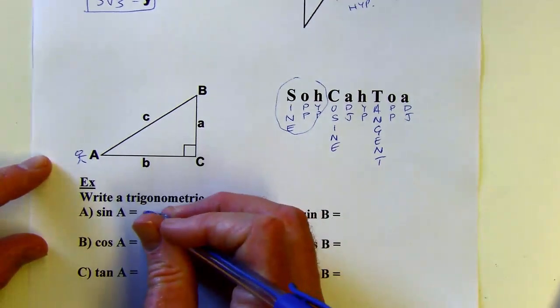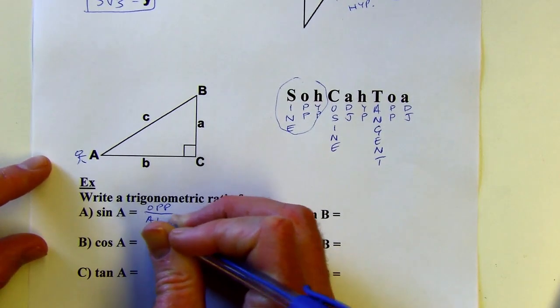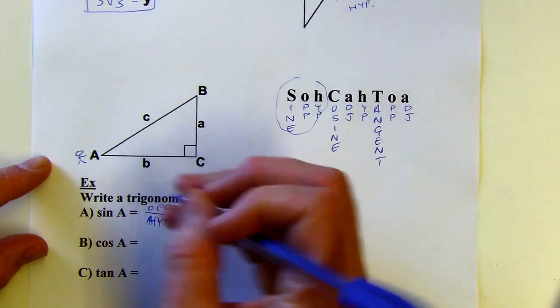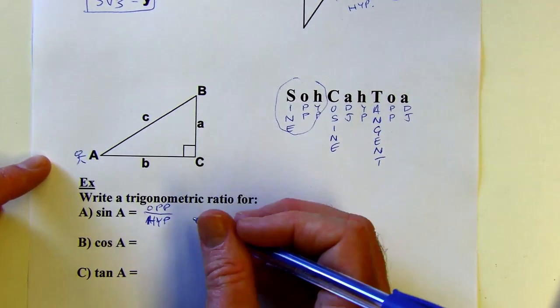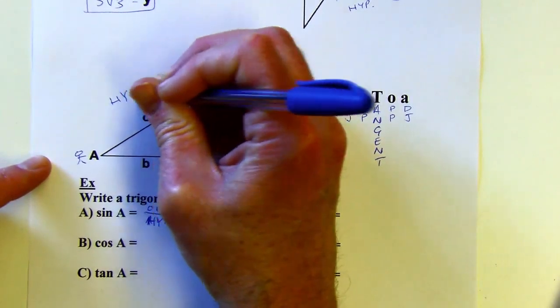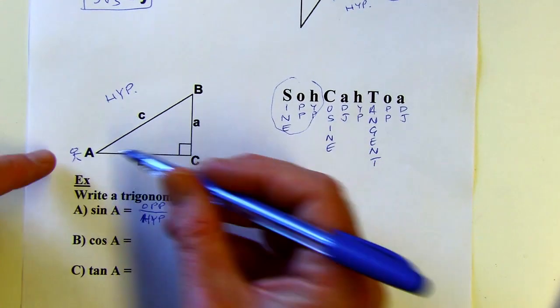So sine ratio is going to be the opposite leg over the hypotenuse. That's the SOH part of SOHCAHTOA, okay? Opposite over hypotenuse. So my hypotenuse in this triangle is side C. I've got these two legs. These are both legs. One of these legs is across from me right now.